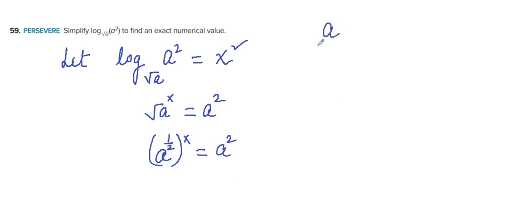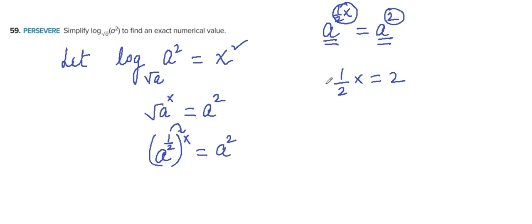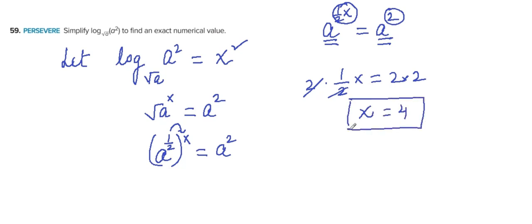Now you can multiply: half x is equal to a power 2. The base is the same, base is a, so the powers are equal. So 1 over 2 x is equal to 2. Multiply 2 on both sides, 2 and 2 cancel out, so x is equal to 4. This is the value of x.